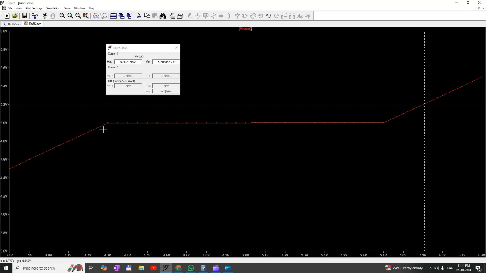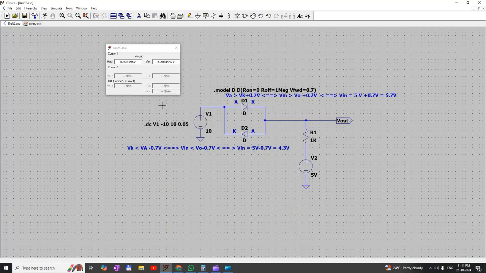Similarly, here output voltage is equal to V in plus 0.7, because see here, V out is equal to V in plus 0.7.